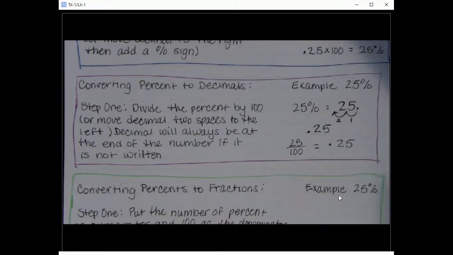So again, it's really the opposite of what we just talked about. Converting decimals to percents and percents to decimals, you can use the cool little strategy of moving the decimal either to the left or the right, but just keep track of what direction you need to move. If you don't like that strategy, you can of course multiply and divide by 100.